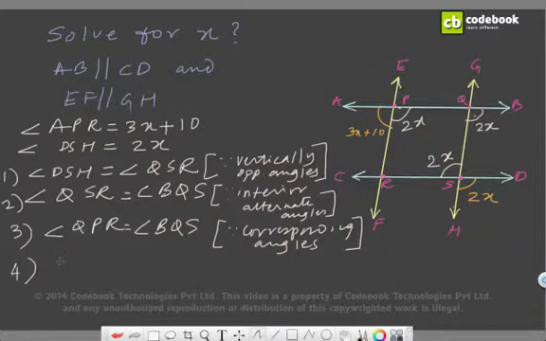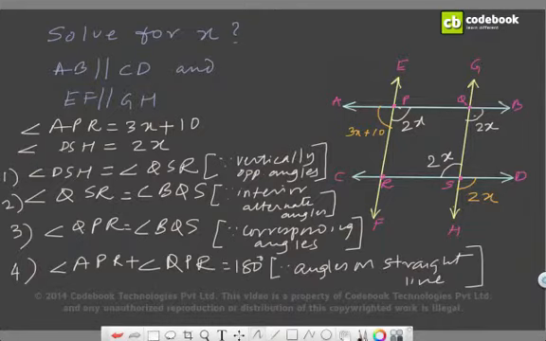So now finally we know that angle APR plus angle QPR is equal to 180 degrees because they are angles on a straight line. So AB is a straight line and the ray PR is standing on the line. So the sum of the adjacent angles thus formed is equal to 180 degrees.